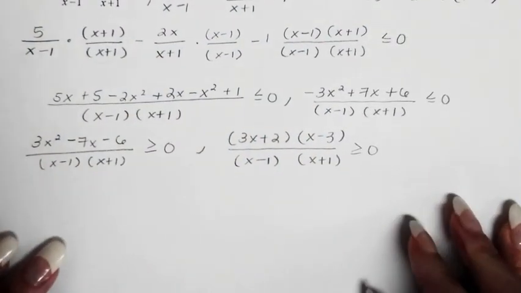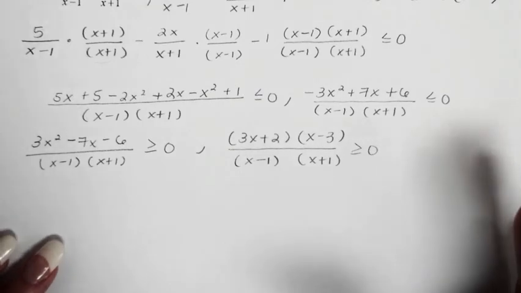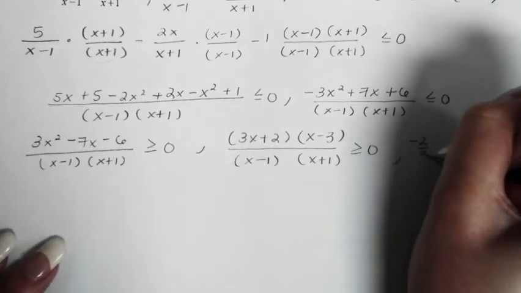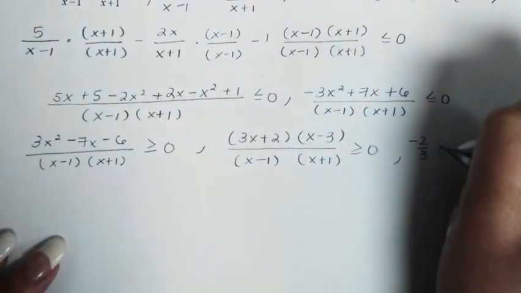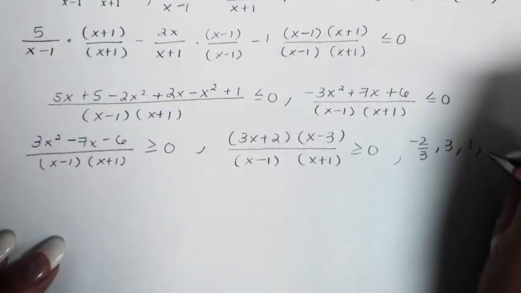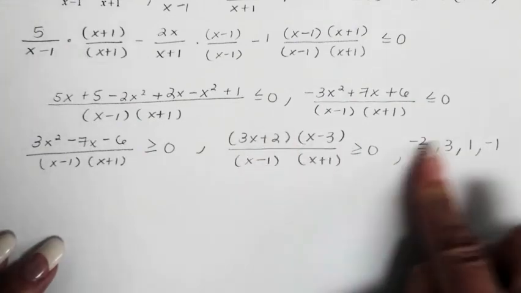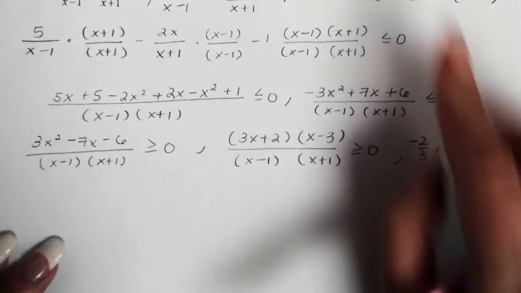Now you need to look for the numbers that we care about, so we need to check out the factors. For this one it is the beautiful number negative 2 over 3. Then for this one it is the 3. For this one it is the 1, and for this last one it is negative 1. Remember, you always look for the numbers that make your factors 0.